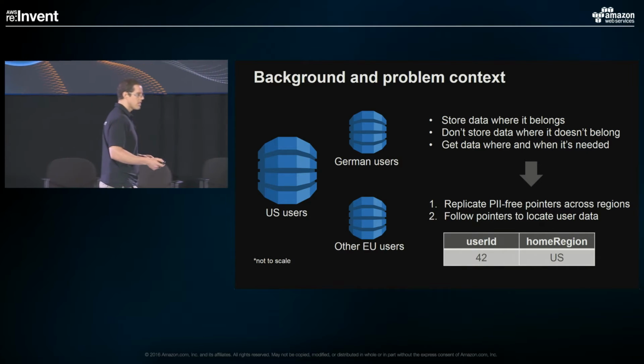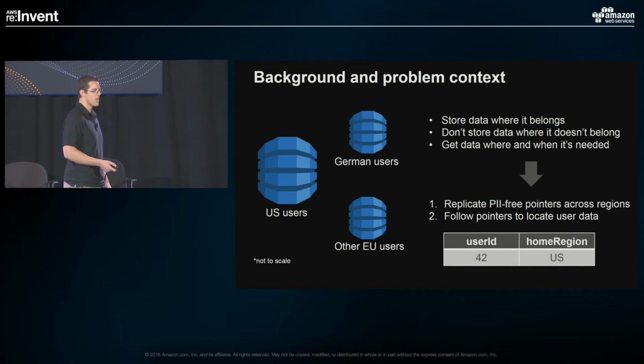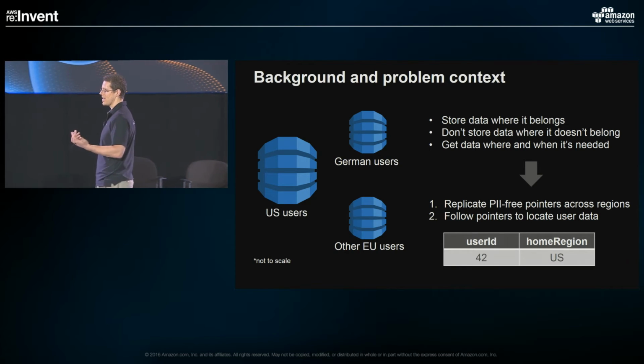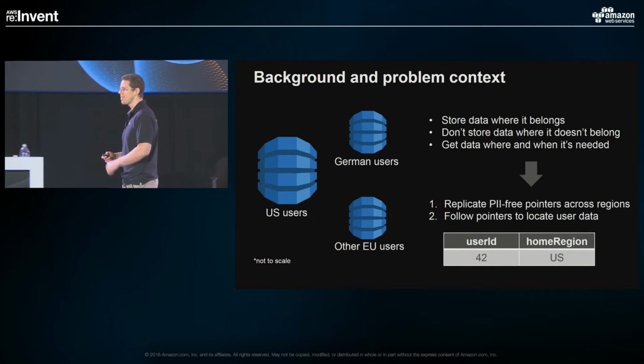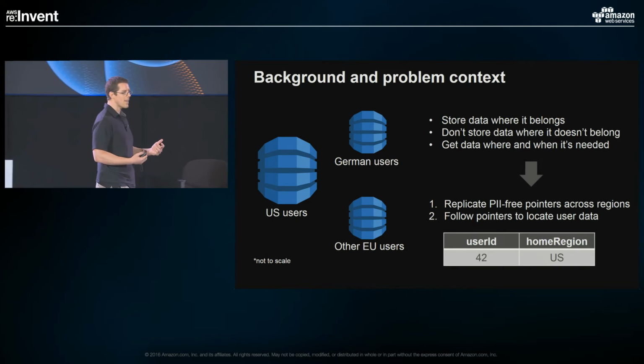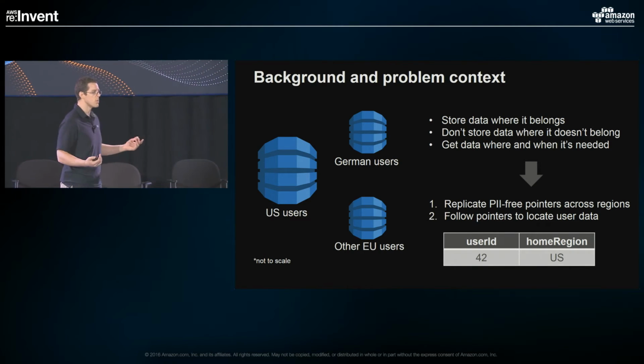So, like I was just saying, PII data is one of the first contexts in which we actually started talking about having to replicate data between regions. Which seems kind of weird, right? Because I just said you don't want to replicate PII data. But what that means is we have OpenID processes, this OpenID application that we're using to authenticate our users, and it's running in multiple Amazon regions.